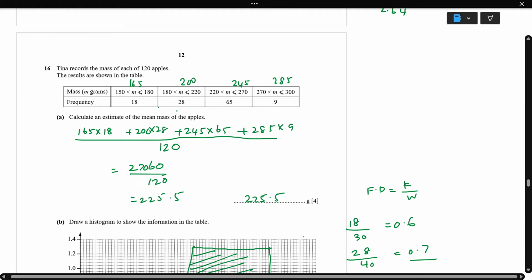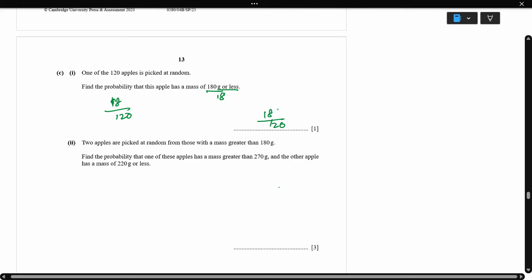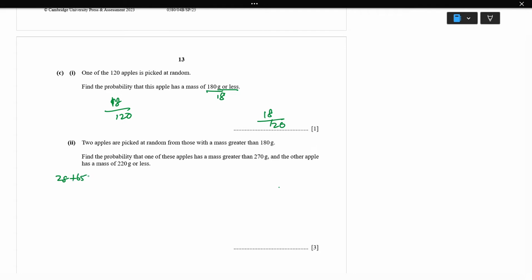Here there are three intervals, so 28 plus 65 plus 9 is the total number of apples above 180. 28 plus 65 is 93, plus 9, so the total is 102.